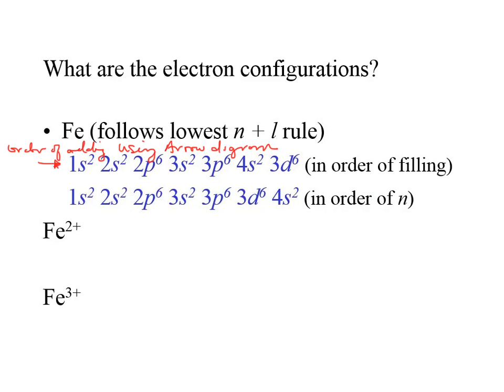Do you need to rearrange them? Not necessarily, no. But I've rearranged them here to emphasize what is the highest n. The highest n actually is an n value of 4. We have one subshell that is 4s.